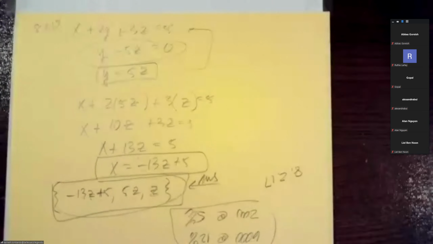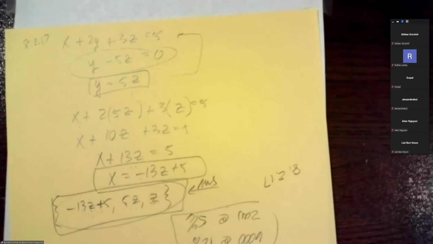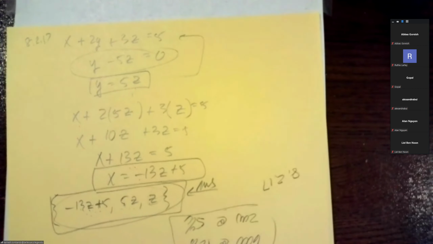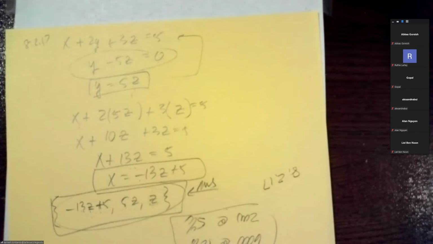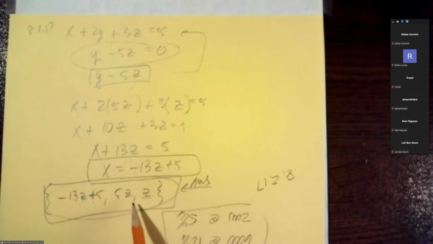Let me go back here and look at some of these answers they've specified. I don't see where they've converted that, but if your solution is based on z, you can either leave it as z or you can put it as t, whatever you prefer. It's whatever this value is.